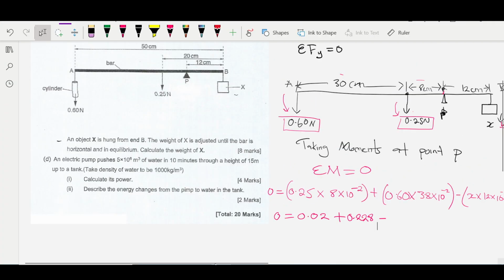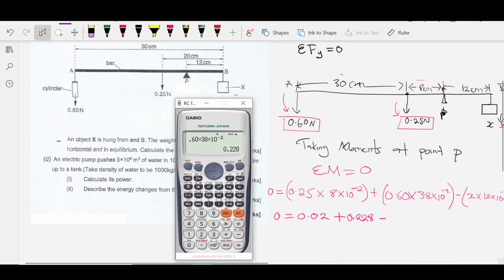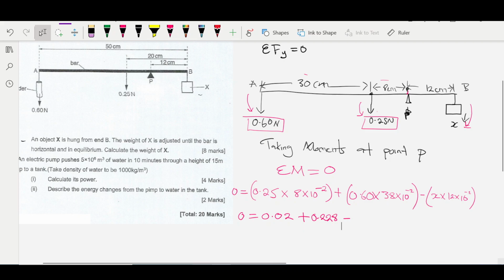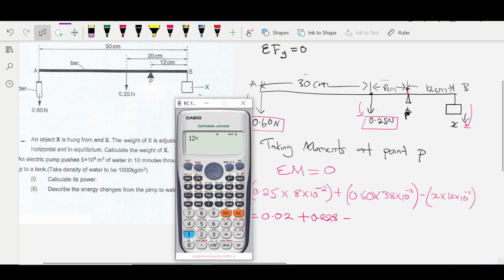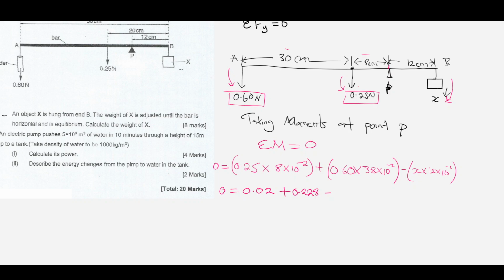Let's just punch this on the calculator as well. So we have 12 by 10 to the power -2, so that we get the, okay. So here we're going to have 0.12.